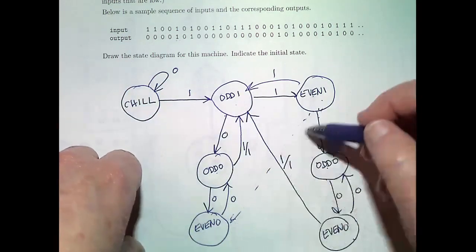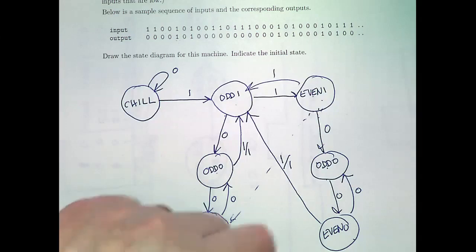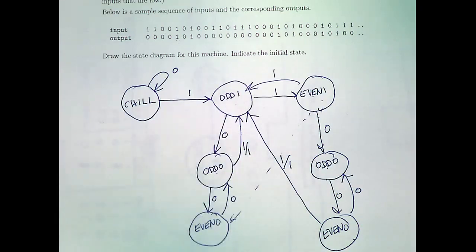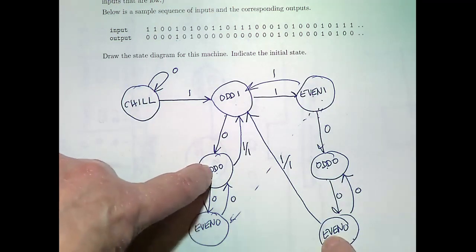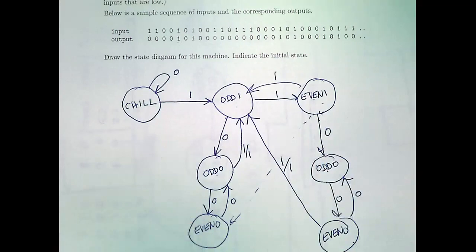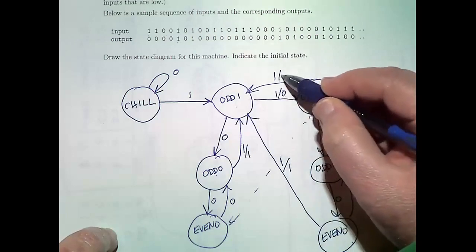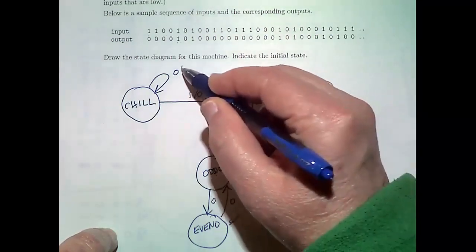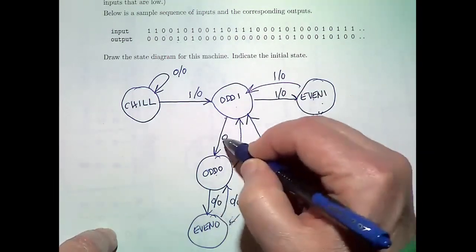Okay, so you don't have to do this, but if we were to run Moore's algorithm to minimize states, you would discover that in fact these two are equivalent and these two are equivalent. Okay, all the other outputs have 0. And this is a Moore machine, I'm sorry, a Mealy machine.